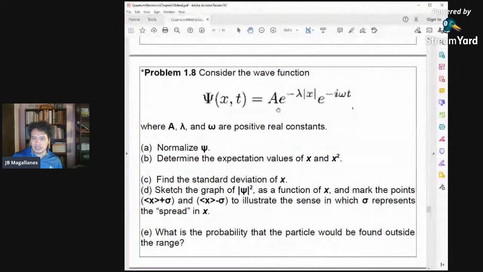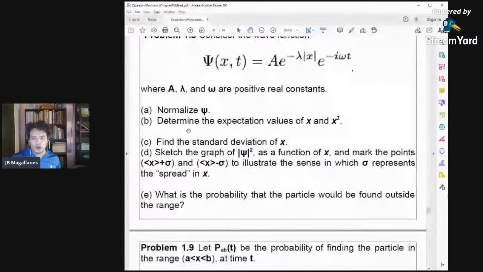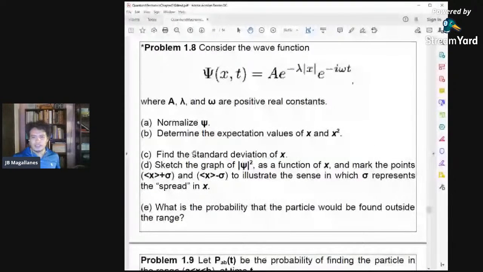This one is a little complicated because you also have a phase factor here. So you can then normalize the psi, determine the expectation values of x and of x squared, and do the instructions here.